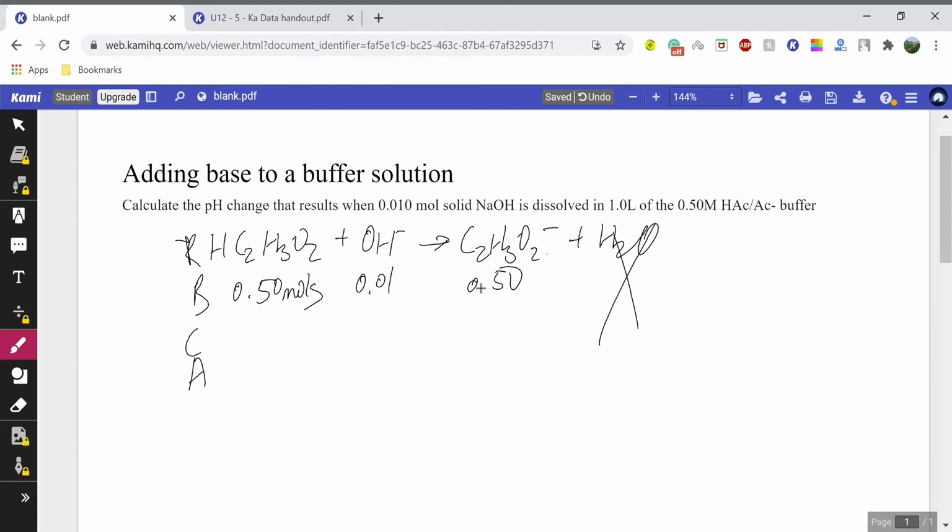When we're doing the RBCA chart, we need to figure out the limiting reactant, and we're going to subtract both of these by the smallest number, minus 0.01, and minus 0.01, and plus 0.01. Remember the coefficients. Everything here is 1, which makes our calculation easier. Now 0.5 minus 0.01 is 0.49 moles. This will turn into 0, and this will turn into 0.51 moles.